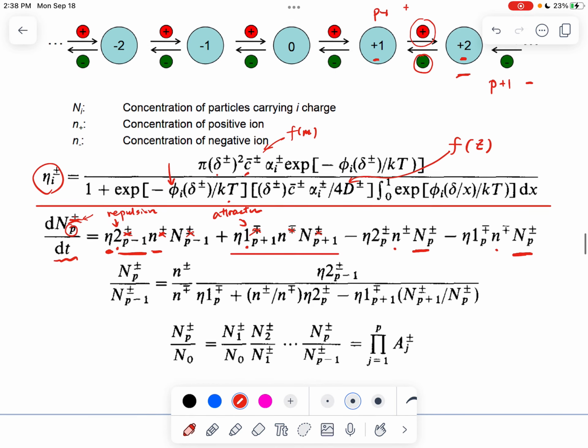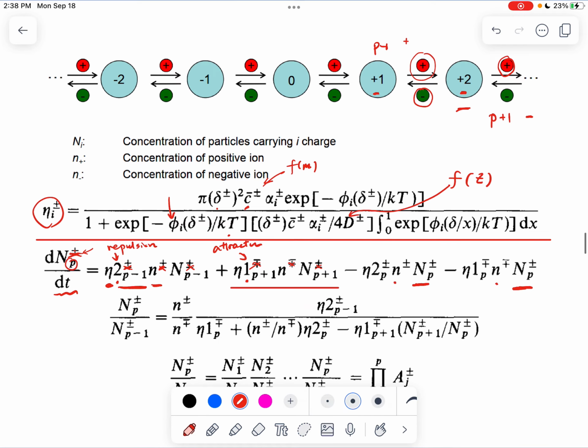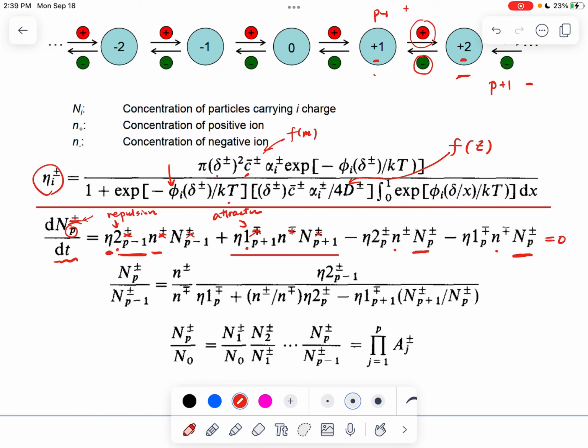Okay, and then we said that for the Fuchs charging theory, we assume that the particles with different charging states are under steady state, which means that their rate of change in concentration is 0. So because of that, you can set this equation to be 0, and you can further see that the concentration here can be rearranged as a ratio of the particle concentration, right?